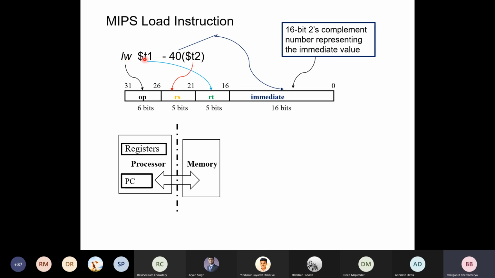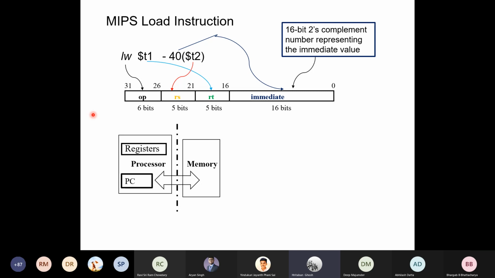Assume that the load instruction has not yet been fetched from memory. So the program counter will have the address at which the load instruction is stored. Good. It will fetch the instruction and then decode it. Then there will be the data fetch cycle.